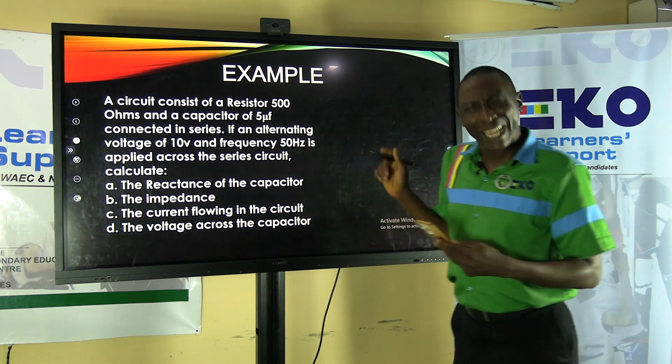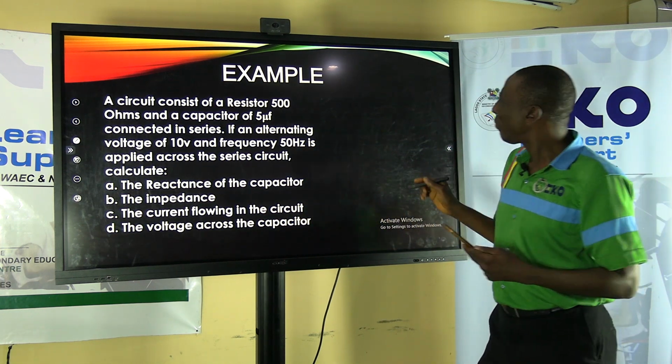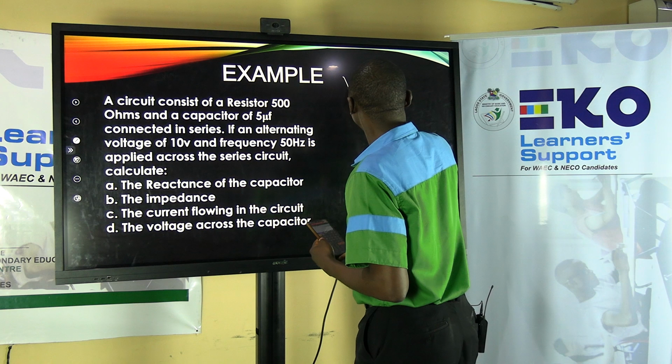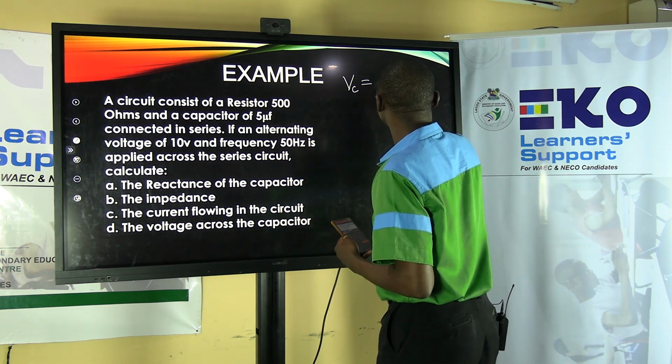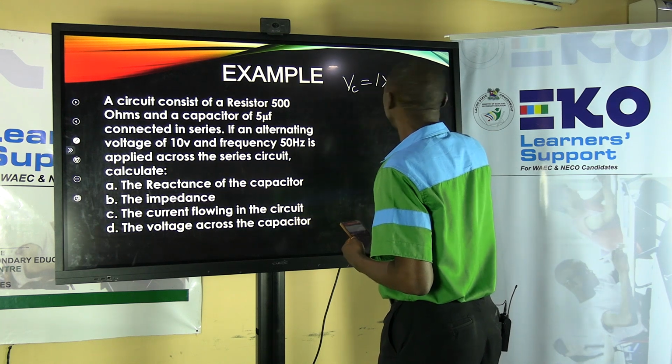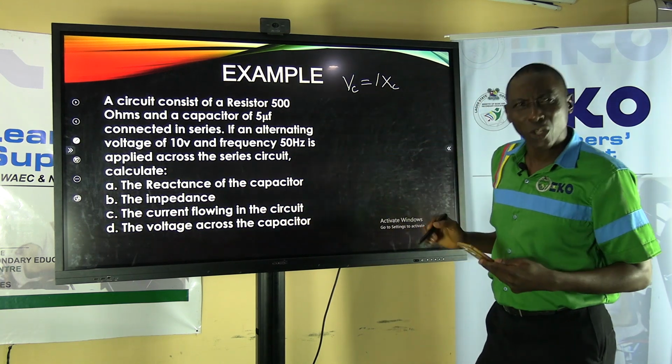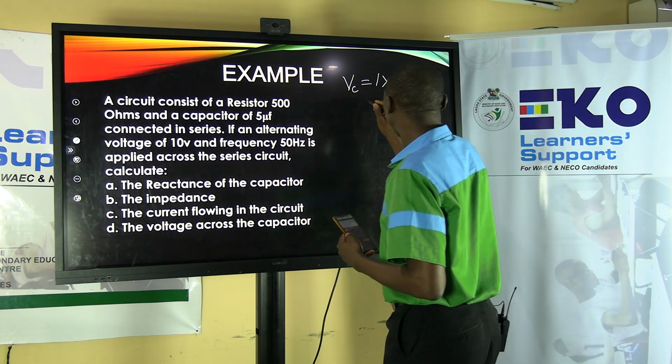It's talking about the capacitor, not the entire thing. So it's going to be V subscript C equals I subscript C times capacitive reactance.